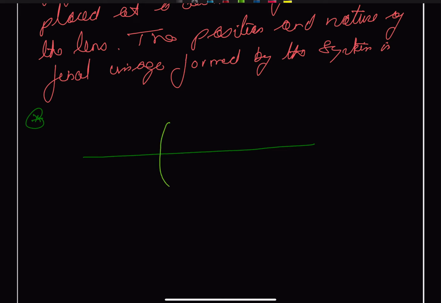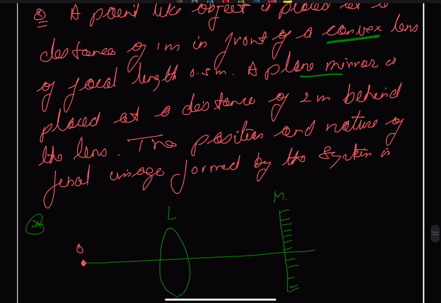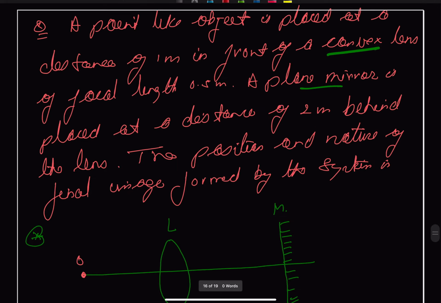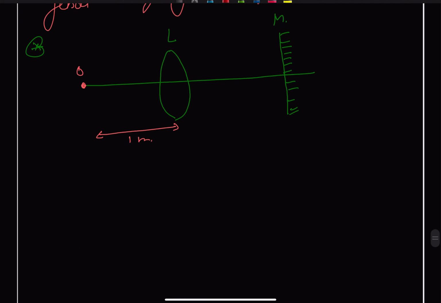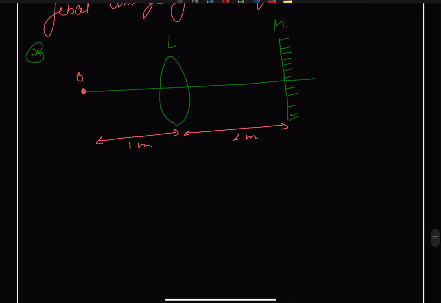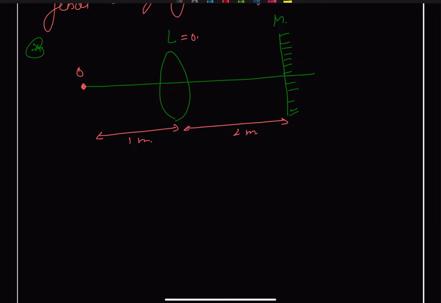We have a convex lens, let us call it lens L, and somewhere here the mirror as M. We have a point object at a distance of 1 meter in front of the lens, and the distance between the plane mirror and the lens is 2 meters, and the focal length of the lens is 0.5 meters.